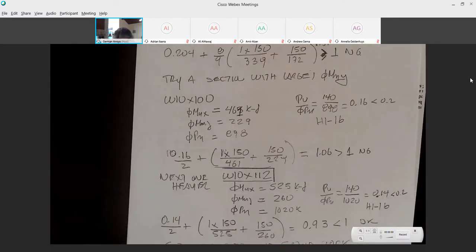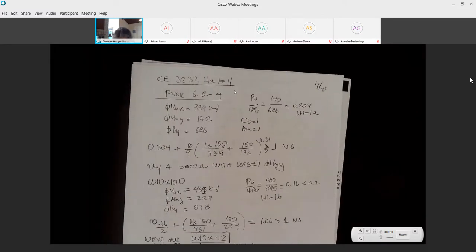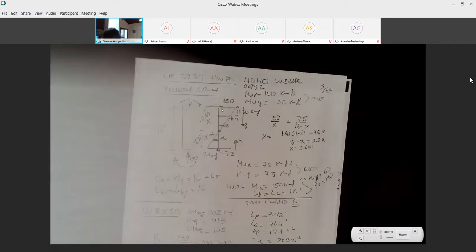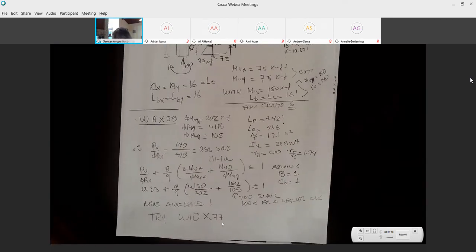Once you get to this point that you have a section that doesn't work and you try a new one, like I'm trying a W10 by 77, I go again with the same effective length and brace length, with the same Mu x, Mu y.